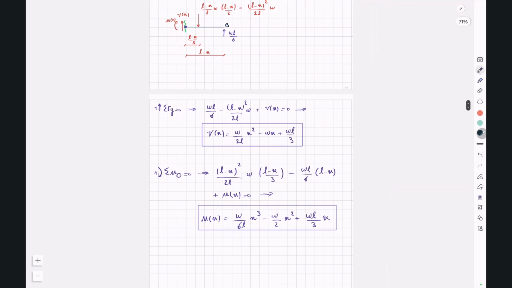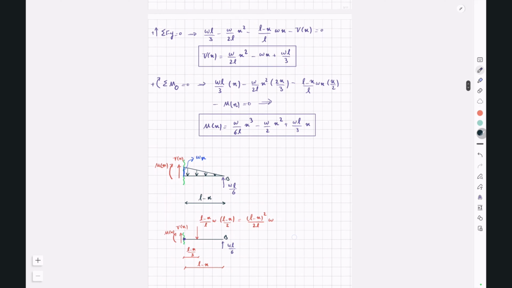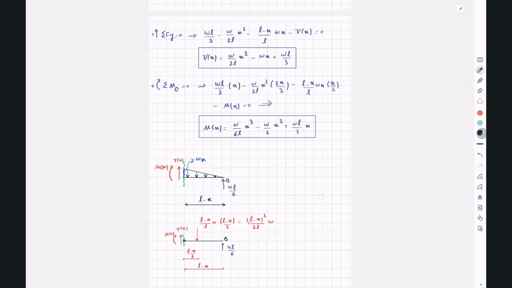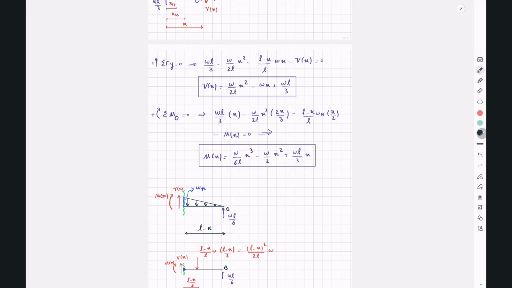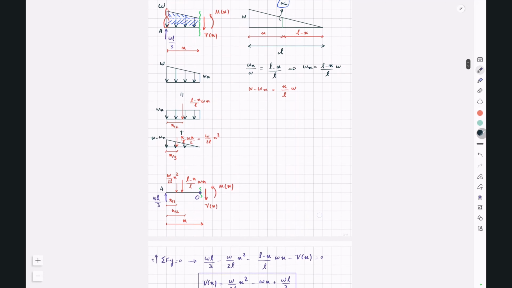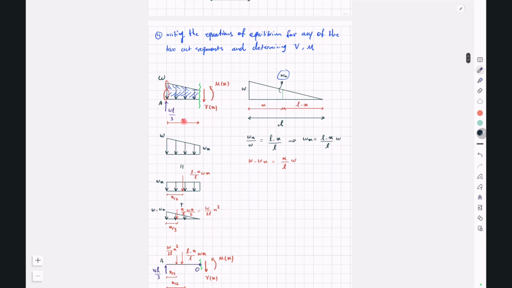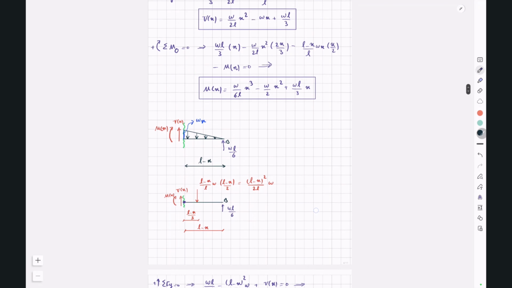And you can see that these values that we found using this cut segment are the exact same equations that we found here by solving this cut segment.